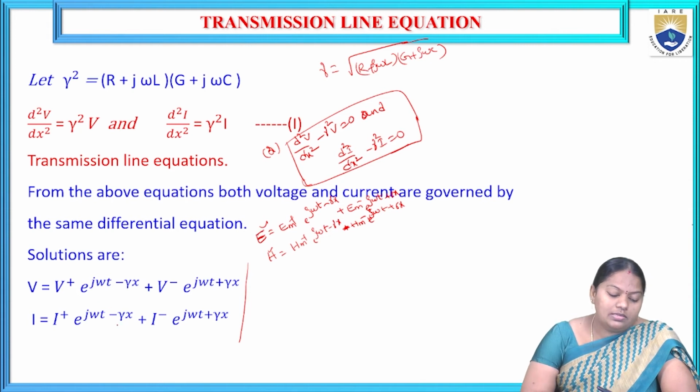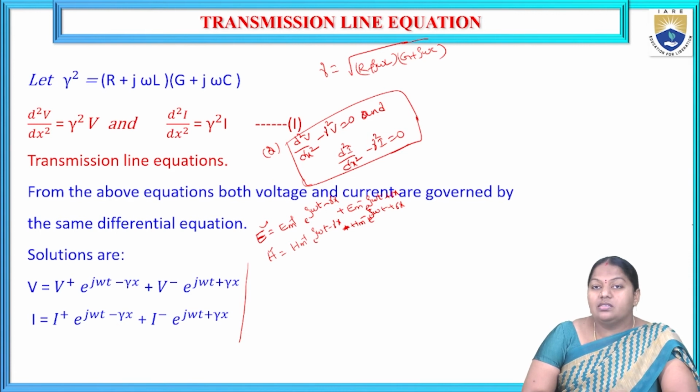Now to write these voltage and current equations, we have considered circuit theory, right? This is the fundamental difference between field theory and circuit theory, where voltage and current equations are obtained from the transmission line equations with the help of lumped section simplification.